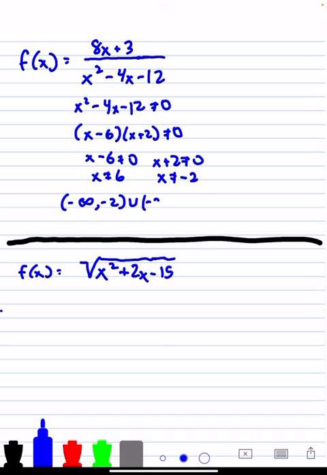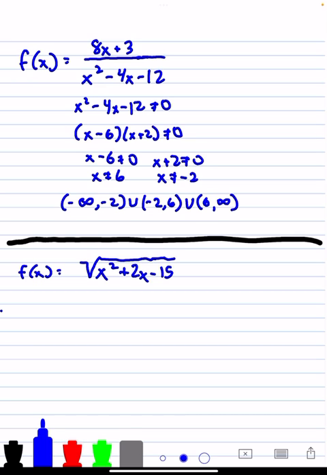Any number from negative 2 up to 6, which means negative 1, 0, 1, 2, 3, 4, and 5. All of those numbers will work fine. And then numbers from 6 to infinity. So this domain would be all the real numbers except for 6 and negative 2.